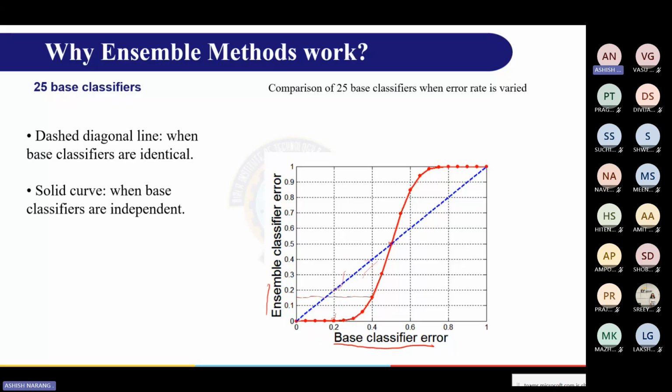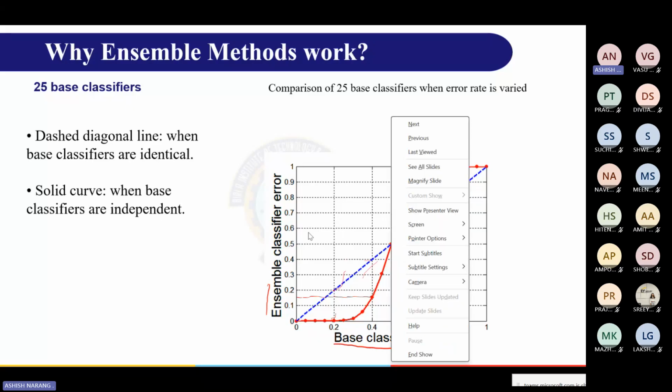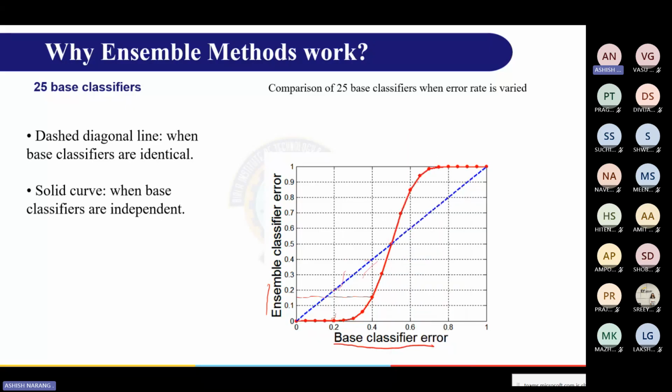When you look at this, this is the point where the error is mostly the same. We have 0.5 here and 0.5 here, exactly. And after that, this is 0.7, but this is lesser. This is 0.6, and the ensemble classifier error is more. And this has reached 1, almost.